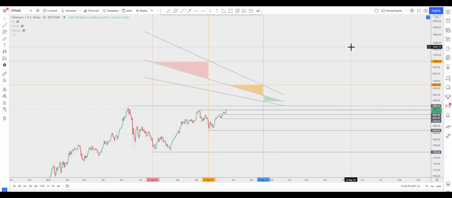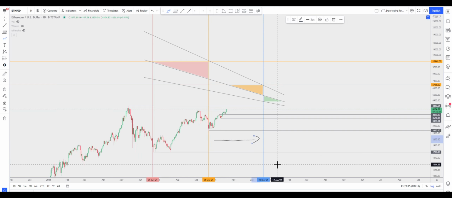So not too long ago, we talked about a possible 10,000 for Ethereum, which I really believe is possible. Why? So one of the reasons, we have a possible time frame of late December, before the winter pivot, the Yule festival, which can be around the 16th, 17th.